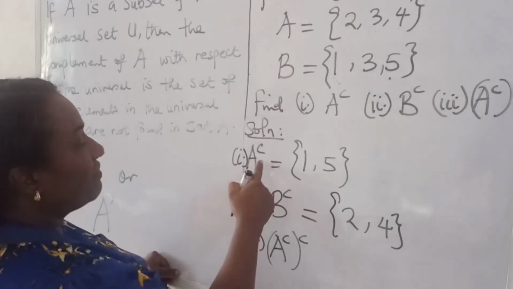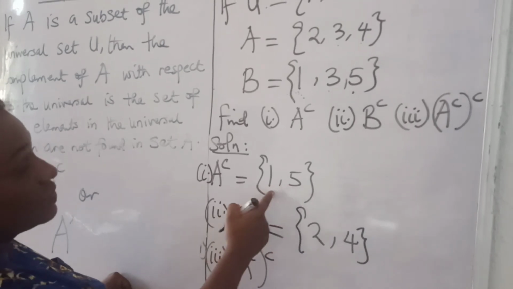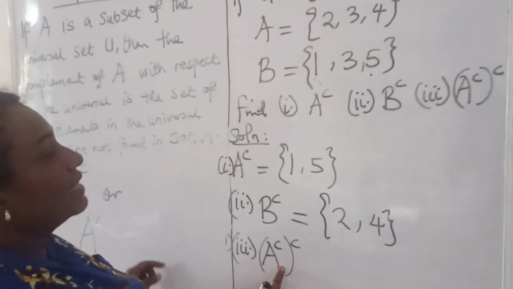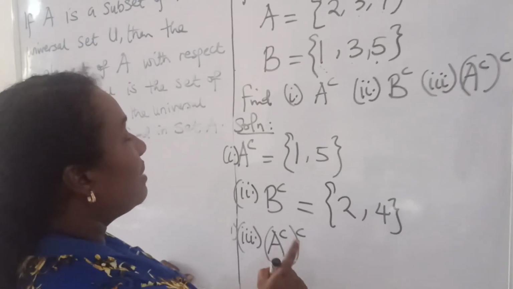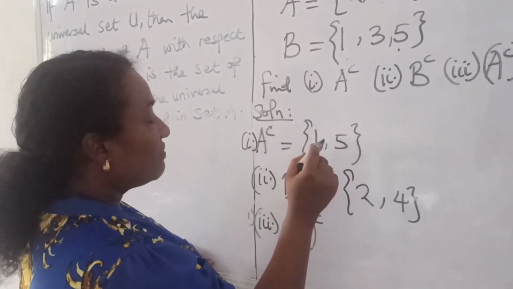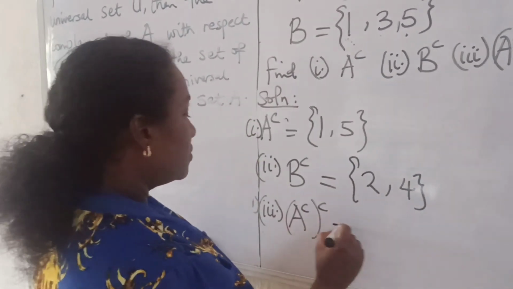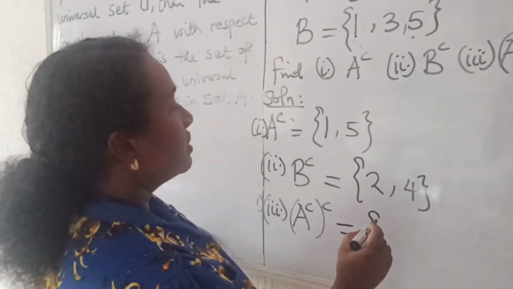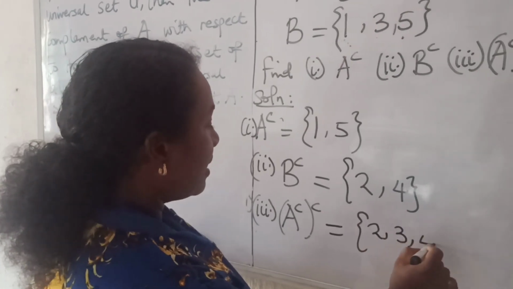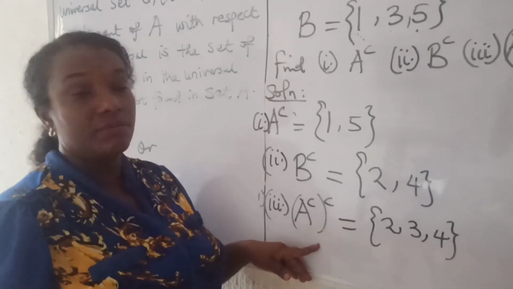We already have A complement. A complement is the set with the two elements 1 and 5. Then the complement of A complement will now be those elements that are in the universal set but not found in the complement of set A. So this will be the set with the elements 2, 3, and 4. That is the complement of A complement.